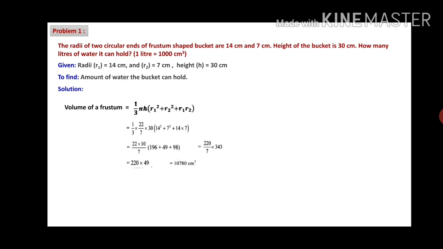So it will be 220 into 49, which will be equal to 10,780 cubic centimeters. So 10,780 upon 1000 liters, since we have been given that 1 liter is equal to 1000 cubic centimeters. So you can write 10.78 liters. So friends, the bucket can hold 10.78 liters of water.